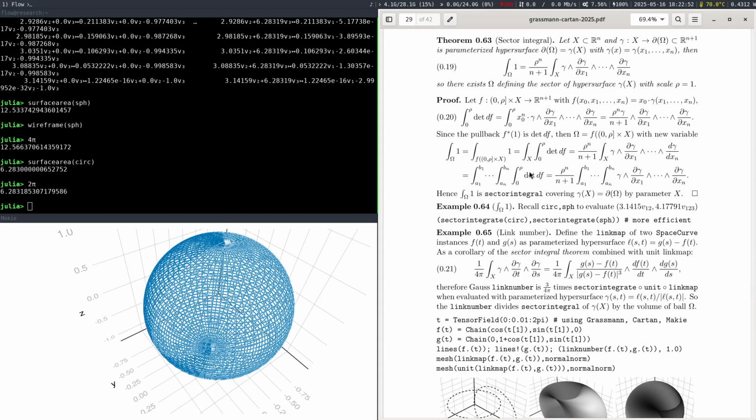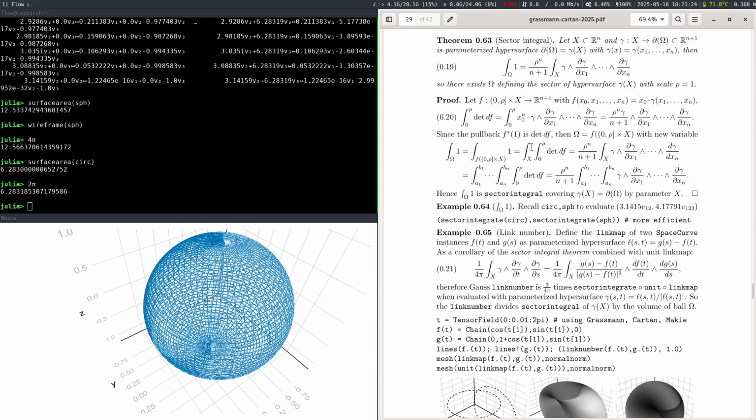All right, so now we have the integral over x and 0 to rho, so we can split up the domain, because you know this is the product space, right? 0 to rho and x. So that's why we split up this integral now. And because we know what the integral from 0 to rho is, we now have the integral over x, okay?